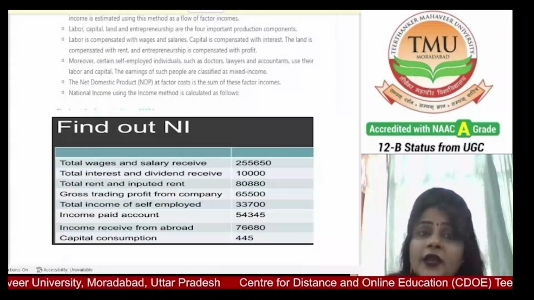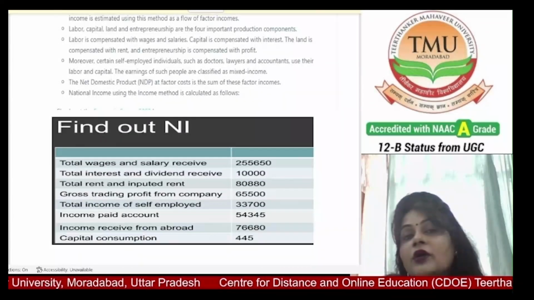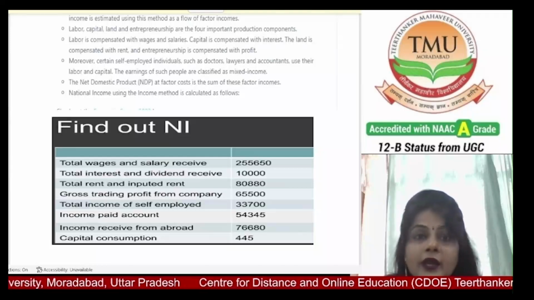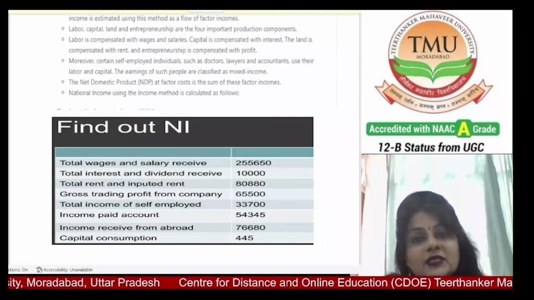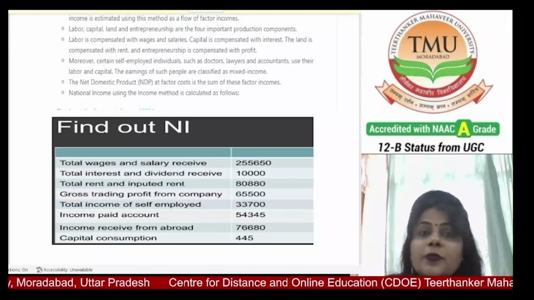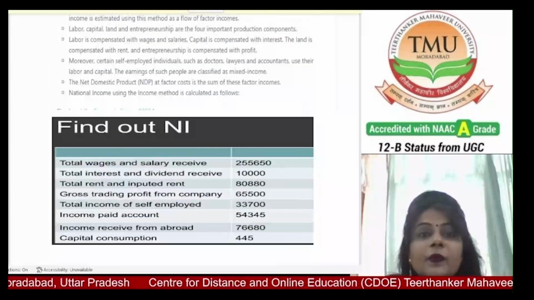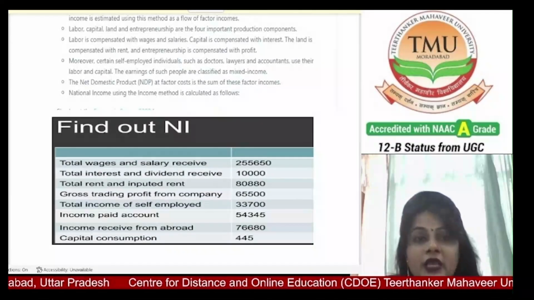Moreover, certain self-employed individuals such as doctors, lawyers and accountants use their own land and capital. The earnings of such people are called mixed income. The net domestic product, NDP at factor cost, is the sum of these factor incomes.